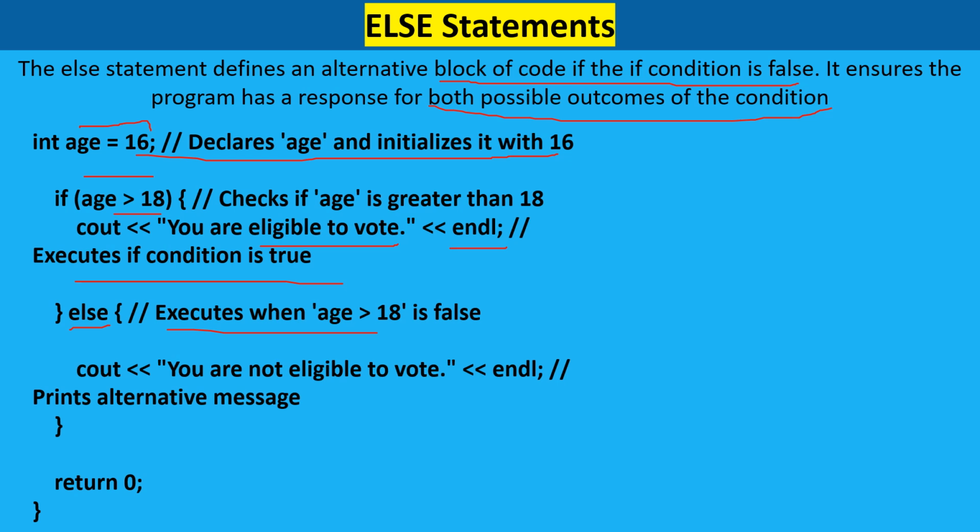In this case, age is not greater than 18 because it's 16. This line prints you are not eligible to vote, and endl is for the new line.